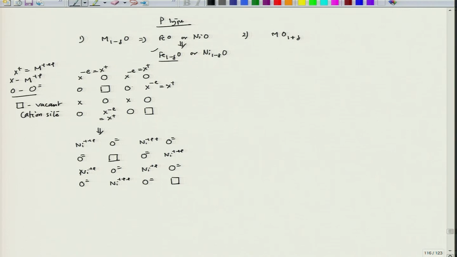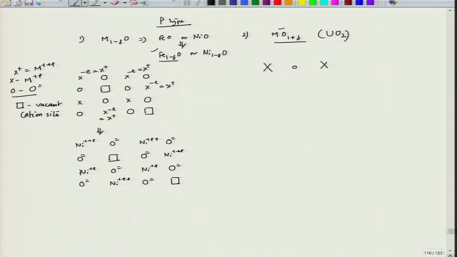In the case of iron also you can have this typical situation. Now, here the situation is a little different because we have extra oxygen, and this particular situation can arise in the case of uranium oxide, where the cation is very large and the anion is very small. So, this is my cation, which I have drawn a little bigger.